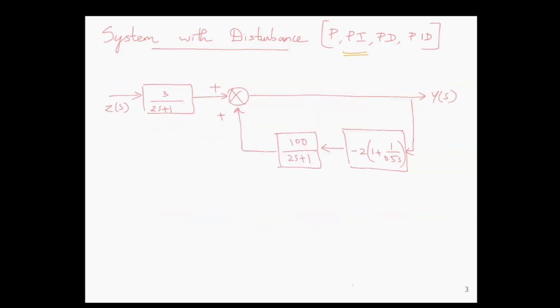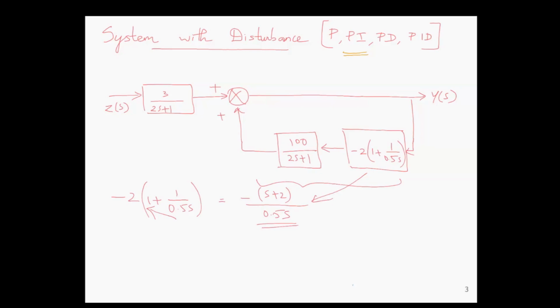Similar to how we drew the equivalent block diagram for the previous problem, here we have the equivalent block diagram like this, and we derive the reduced transfer function of this positive feedback loop. The PI controller's reduced form will be minus s plus 2 divided by 0.5s after cross multiplying, and that is kept in series with 100 divided by 2s plus 1.